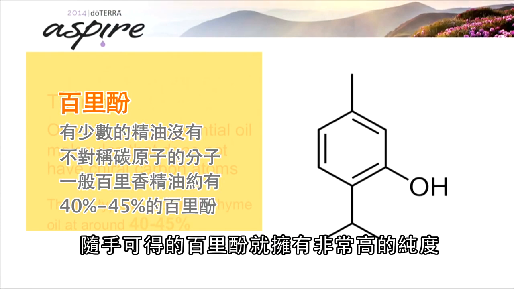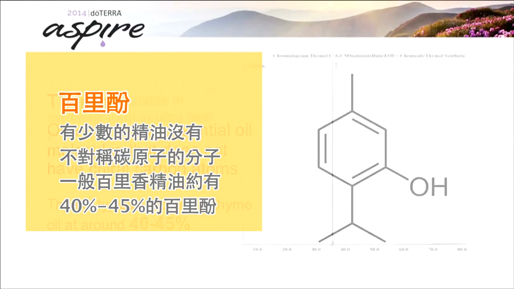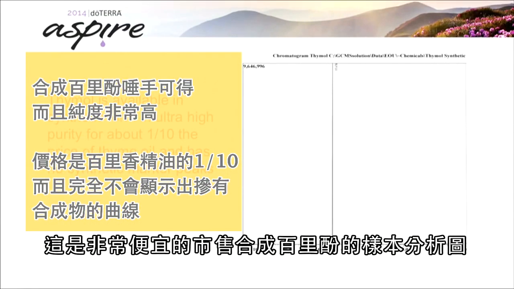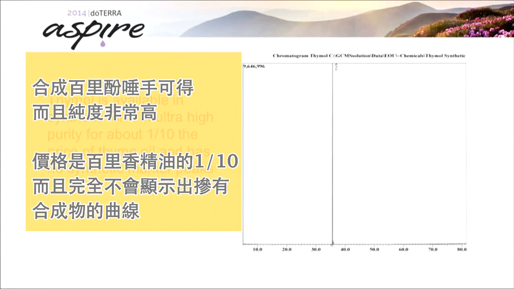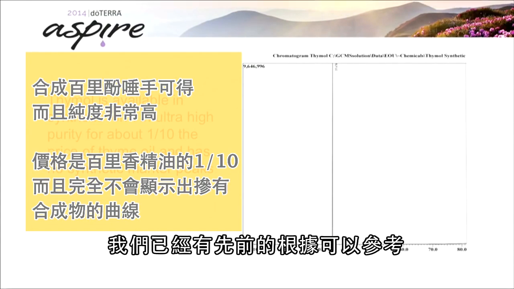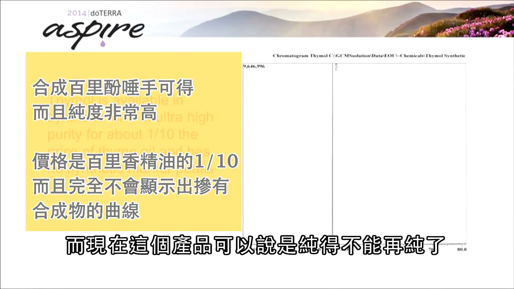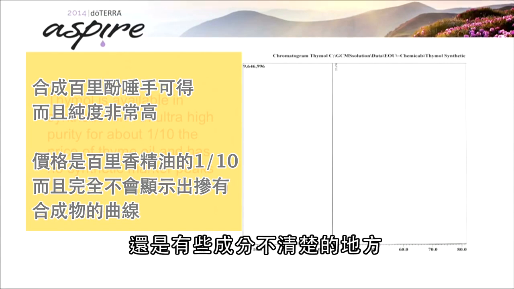And it's available in very high purity. This is a GC of a commercial sample of a very cheap synthetic thymol. And you see it's just one peak. I mean, we searched the baseline, and this product is as pure as you can get. There's other things in there that are unidentifiable.